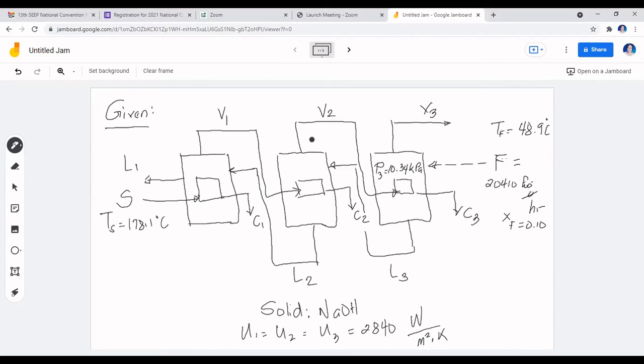Okay, you don't know XL1 because probably I missed writing it here when I read the problem. Let me read the problem. The final product is to contain 50% solid. So I missed writing this one, which is 50.